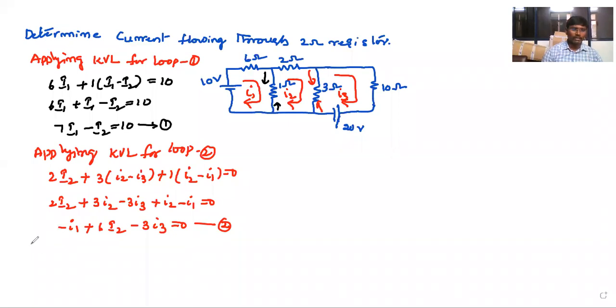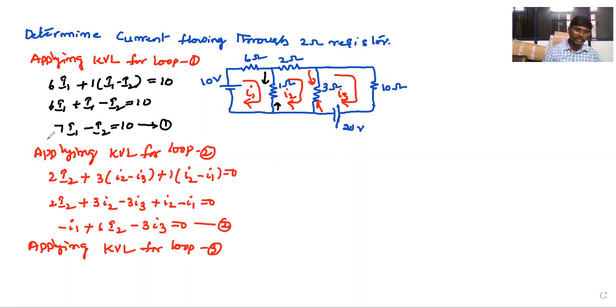Applying KVL for loop 3. Here there are two resistors, 3 ohm and 10 ohm, and one battery, 20 volts. Therefore, you find the voltage across 10 ohm first as a self element. What is the current flowing through 10 ohm? I3.